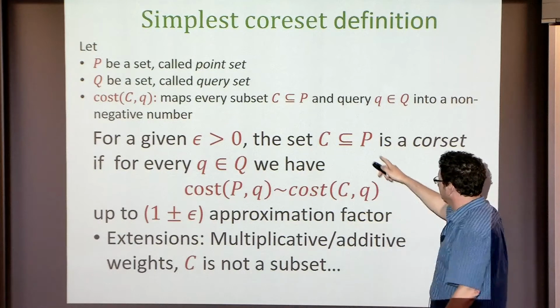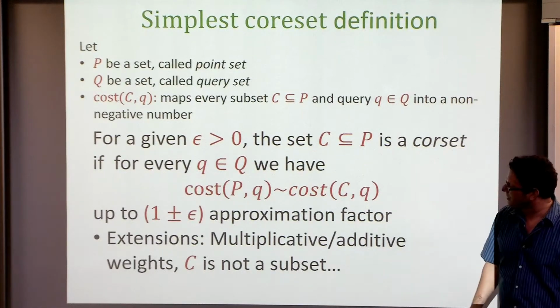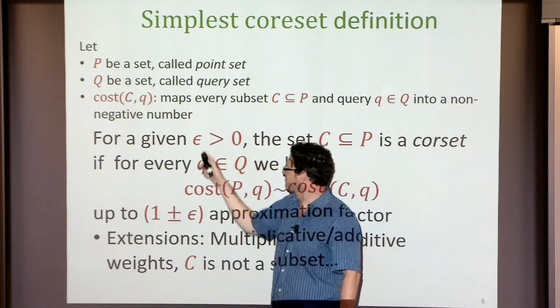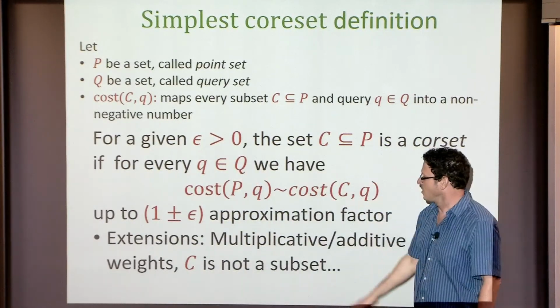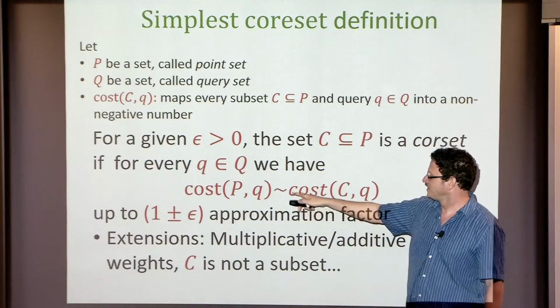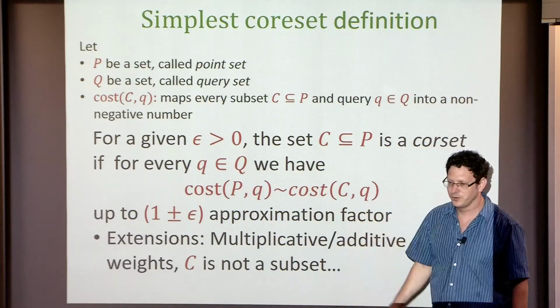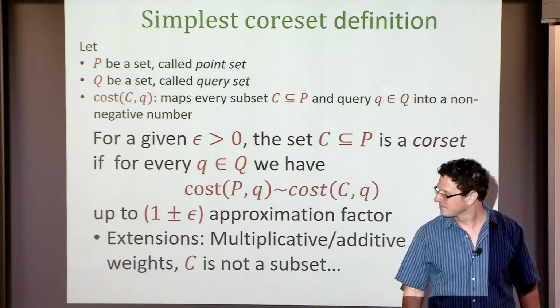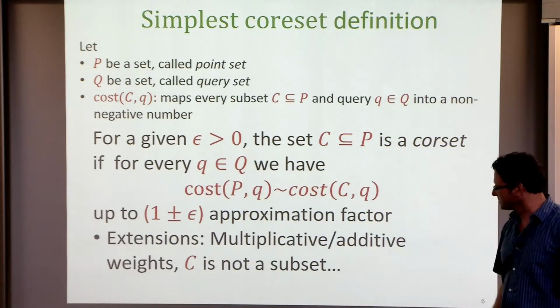And we say that a subset of P is a coreset for P, or epsilon-coreset for P, if for every query in this family, the cost from P to Q is approximated by the cost of the coreset to Q up to a 1 plus minus epsilon approximation factor. So here I said this is a subset.